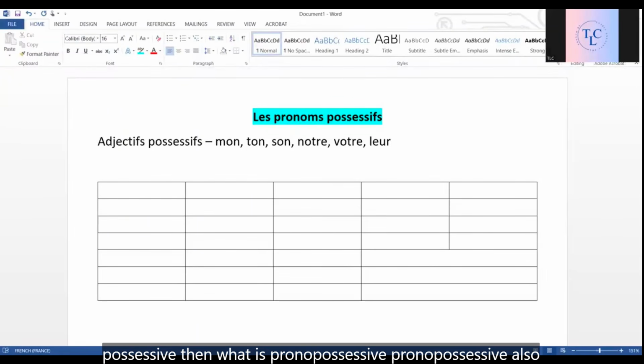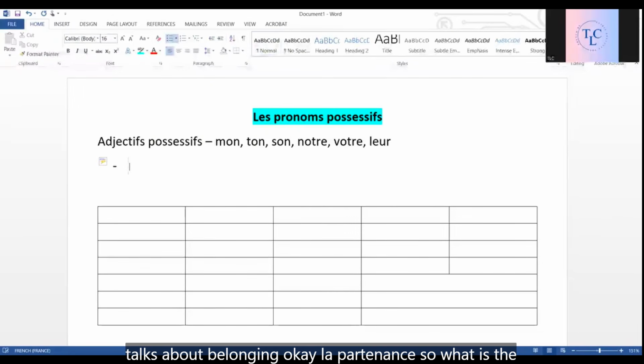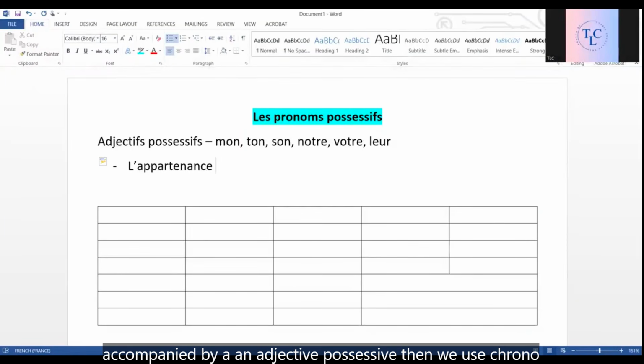Then what is pronom possessif? Pronom possessif also talks about belonging, l'appartenance. So what is the difference? It is a pronom. So a pronom always replaces a noun. If there's a noun that is being repeated and it is accompanied by an adjective possessive, then we use pronom possessif.